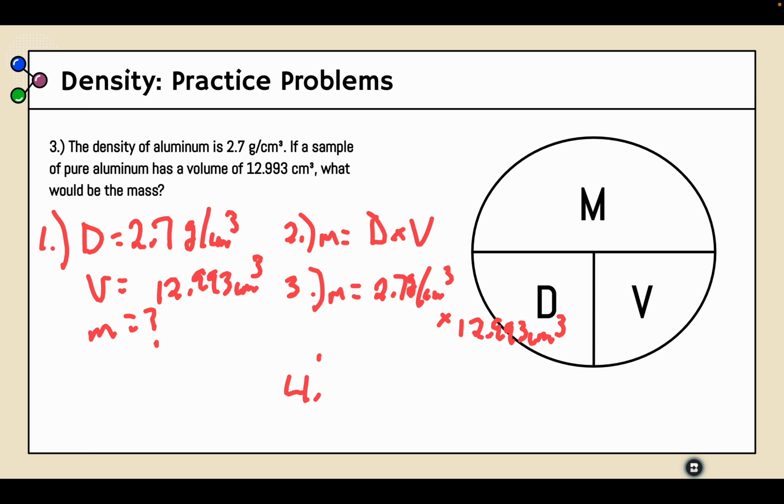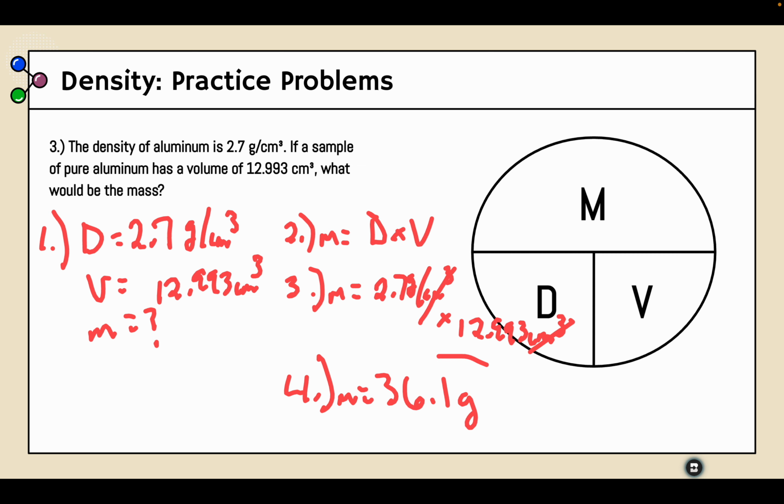Okay, and when I do that, I get a mass. I'll take my calculator, 2.78 multiplied by 12.993. And what I get is I'm going to round to 3 sig figs, so 36.1. And the units, centimeters cubed, are actually going to cancel. So that leaves me with grams.